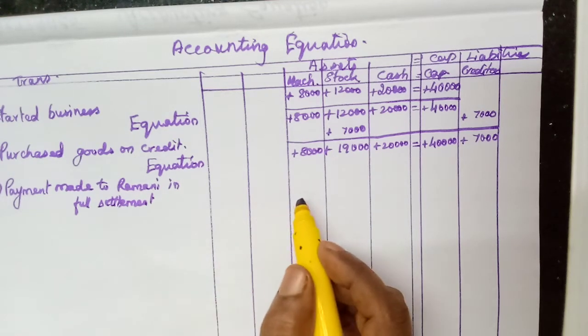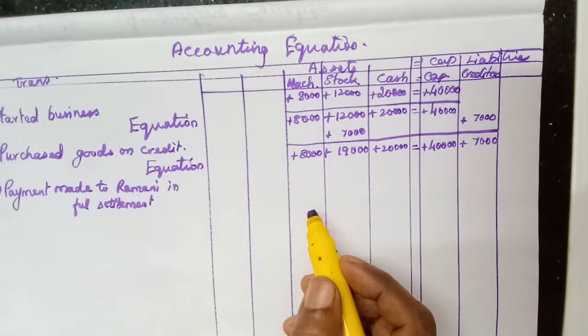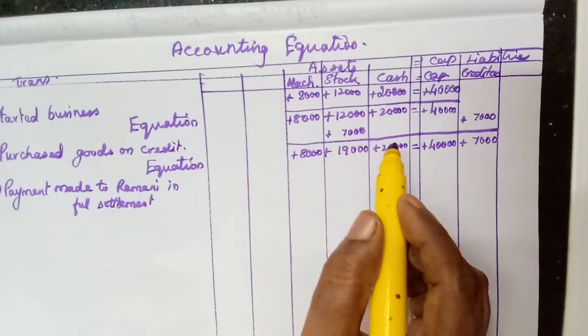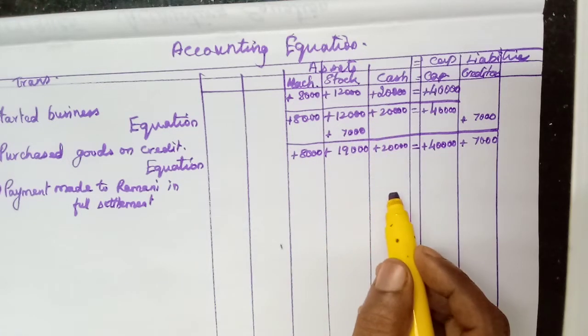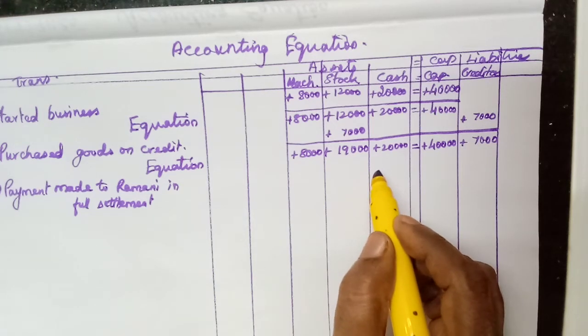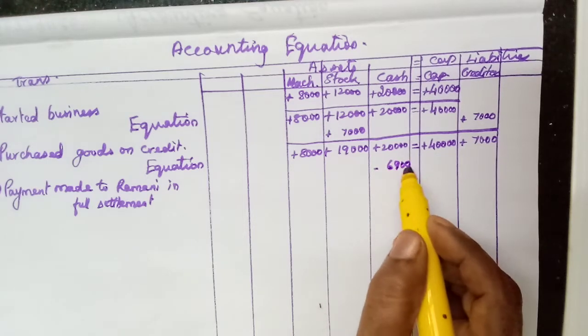Here, how is it given, whether it is cash or stock? Not from the bank, no. So we can consider no balance in the bank, so cash only. So how much are we paying? 6,900. So cash will get reduced, minus 6,900.